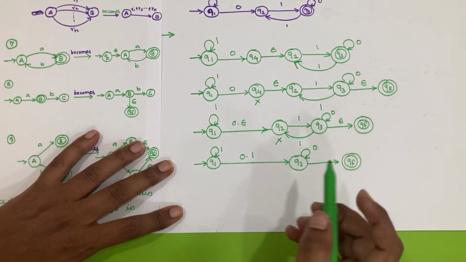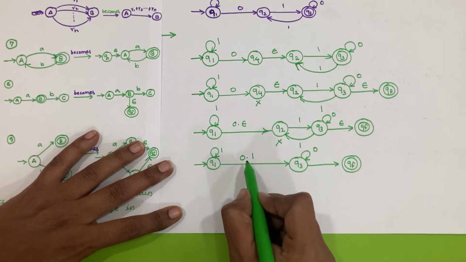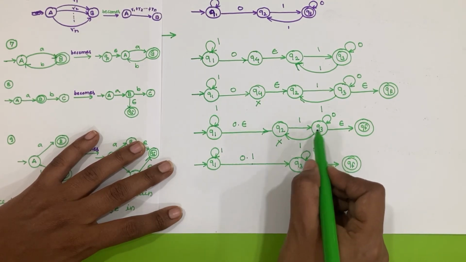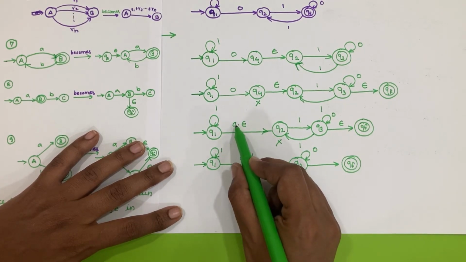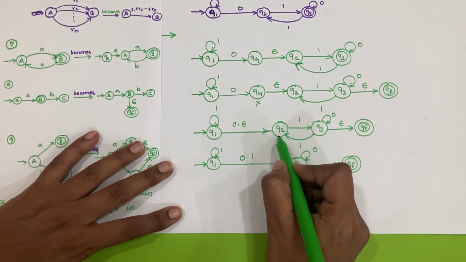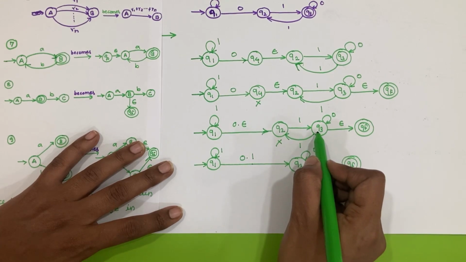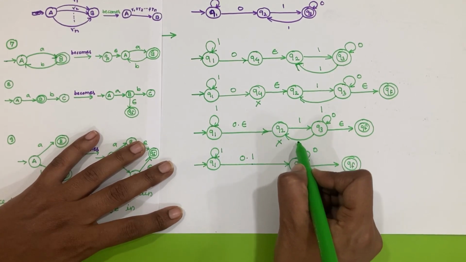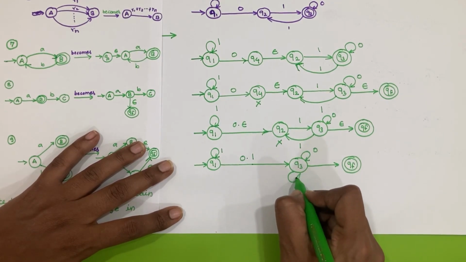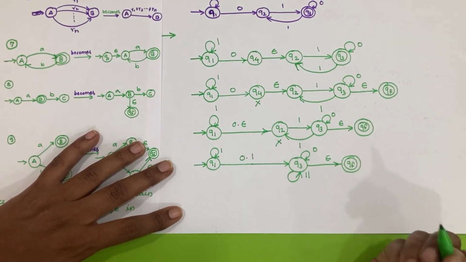So we'll see what changes occur after removal of this Q2 state. We will move from Q1 to Q3 directly by concatenating 0 to 1. After removal of Q2, this also will get affected. That is Q3 we have cycle for 1.1. So we will add cycle of 1.1 here, and here we have empty.